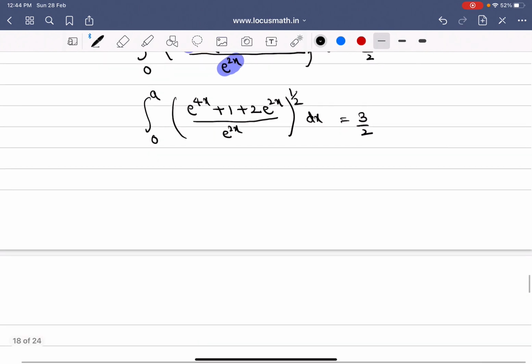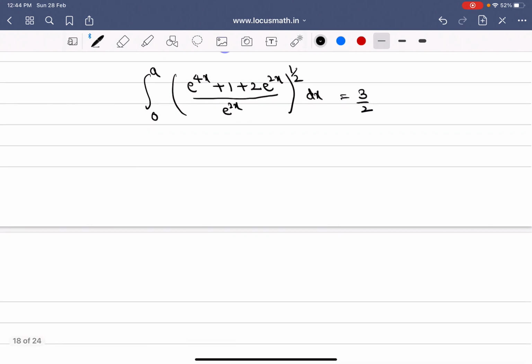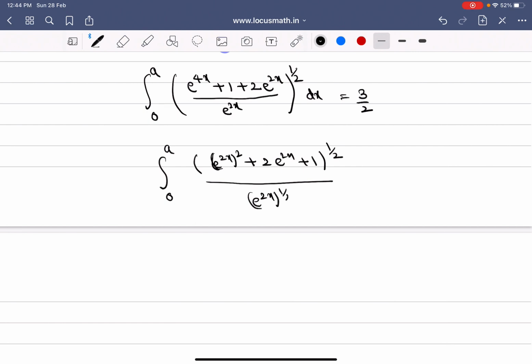Now this is equal to integration of 0 to a, so the numerator is nothing but (e^(2x)) whole squared plus 2 times e^(2x) plus 1, power 1 by 2, over the denominator e^(2x) power 1 by 2 dx is equal to 3 by 2.